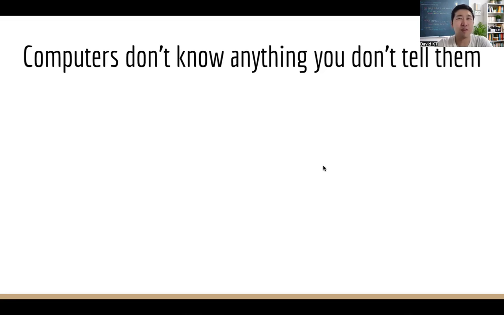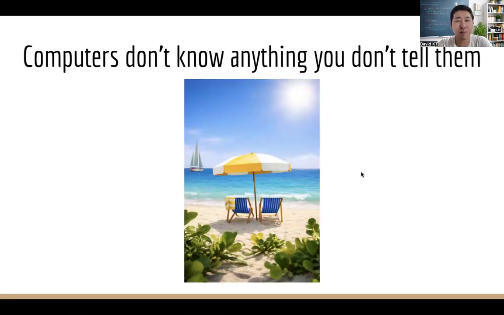To give you an example, let's look at this. How's the weather in this picture? Nice and sunny, isn't it? So imagine it's Friday night. Your dad says to you, tomorrow, if it is sunny, we will go to the beach.